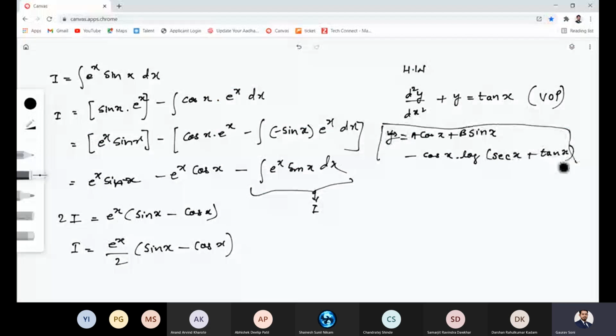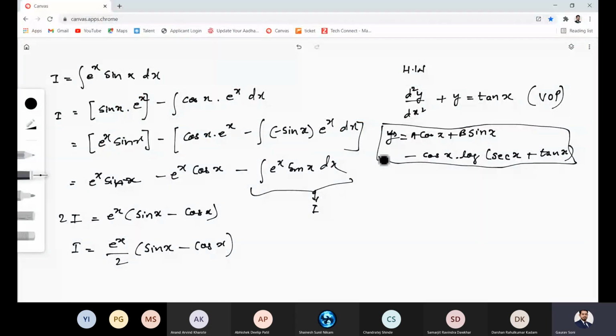See if you can get this. This is the value of y. This you should get. Try this by variation of parameters. In this case, 100% the integrations are not going to be that difficult. You will be able to do it.